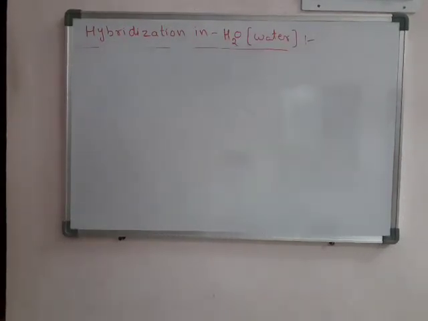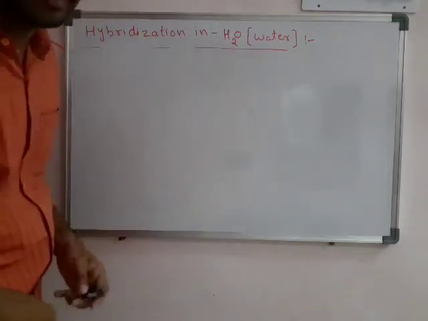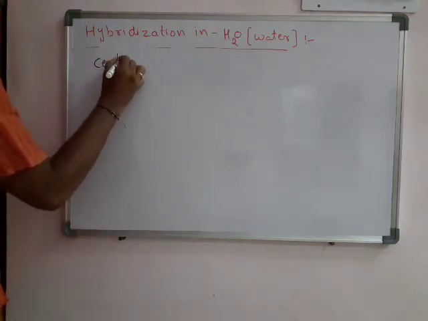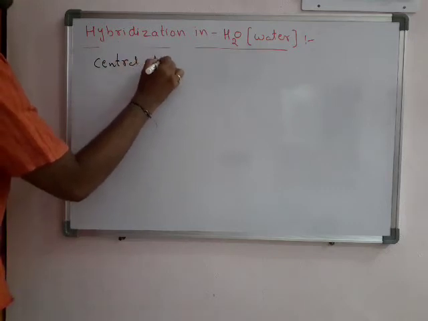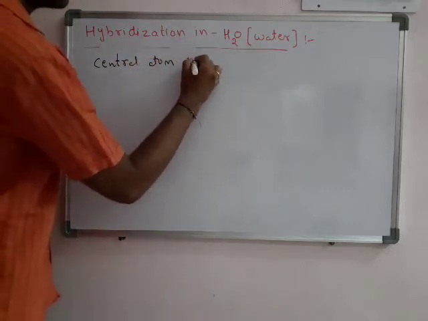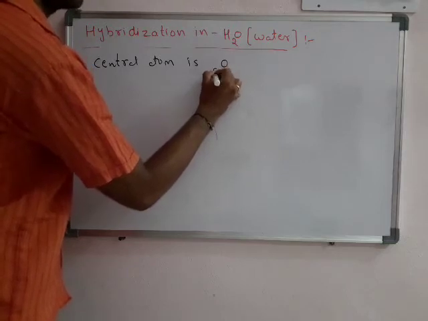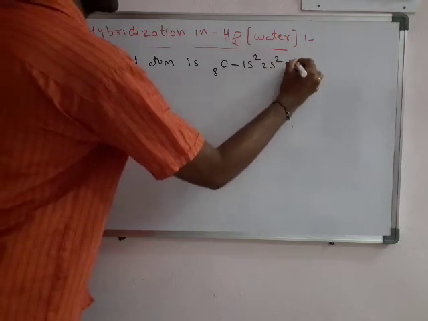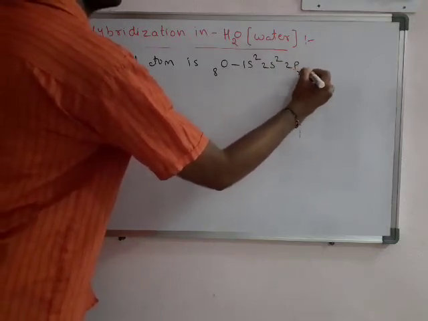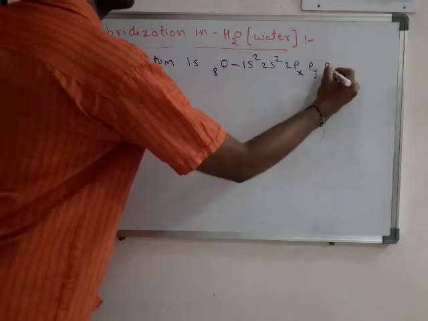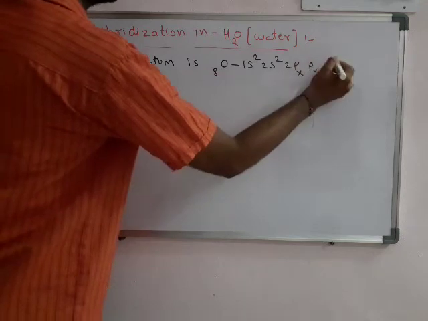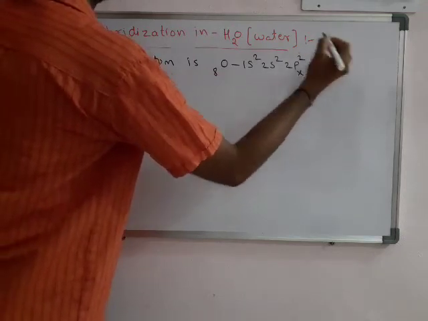Now we see the next molecule, the hybridization in the water molecule. So think, what is the central atom? The central atom is oxygen. Write the configuration: 8 means 1s2, 2s2, 2px2, 2py1, 2pz1.